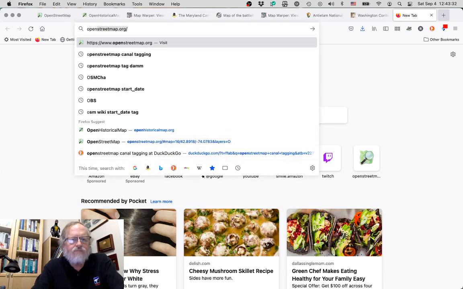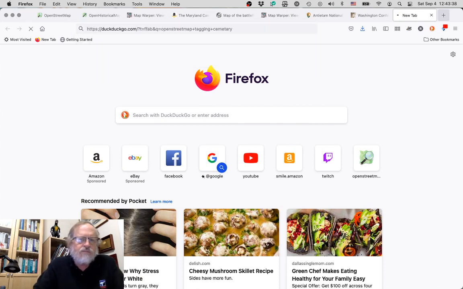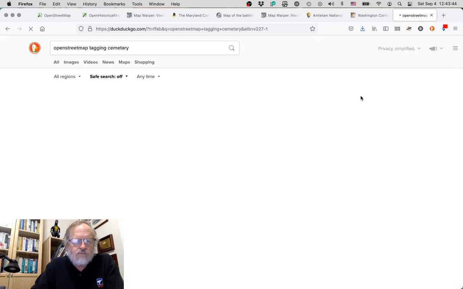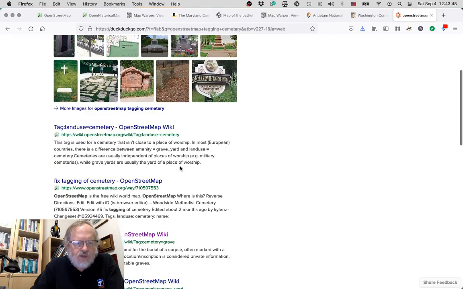And so finally, OpenStreetMap. I'll get cemetery. Land use equals cemetery.